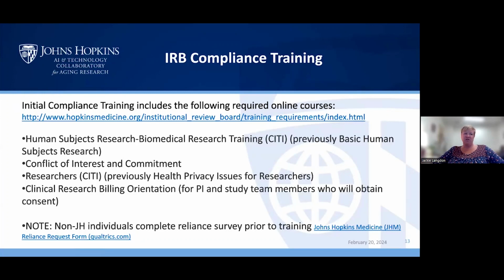There's a conflict of interest and commitment training. There's something called Researchers, also administered by CITI, previously known as health privacy, or HIPAA for research, essentially. And then there's a clinical research billing orientation, and this is just for the PI and study team members who will obtain consent.